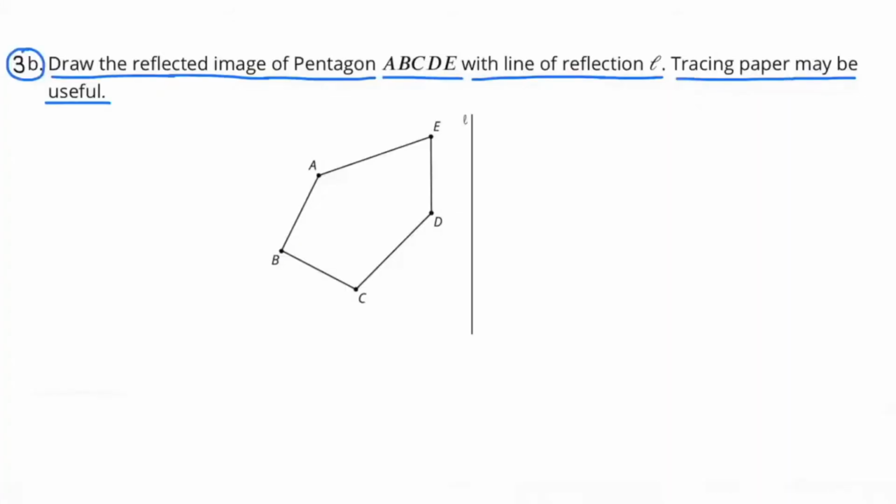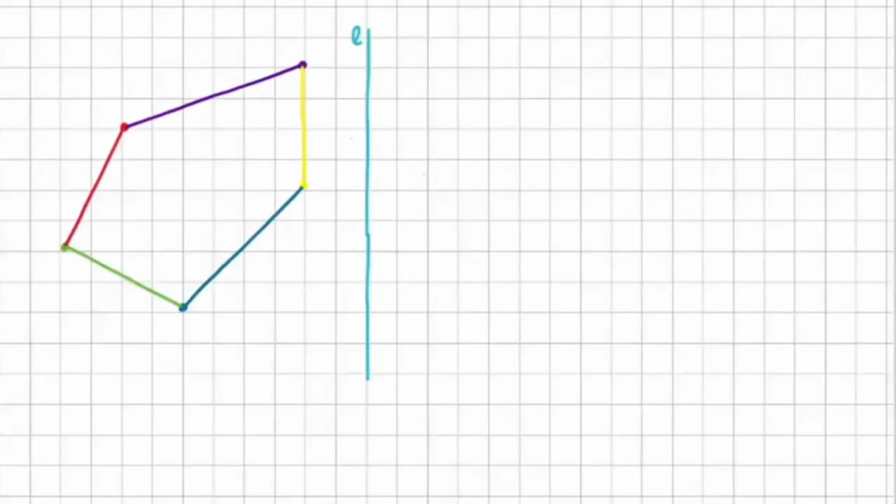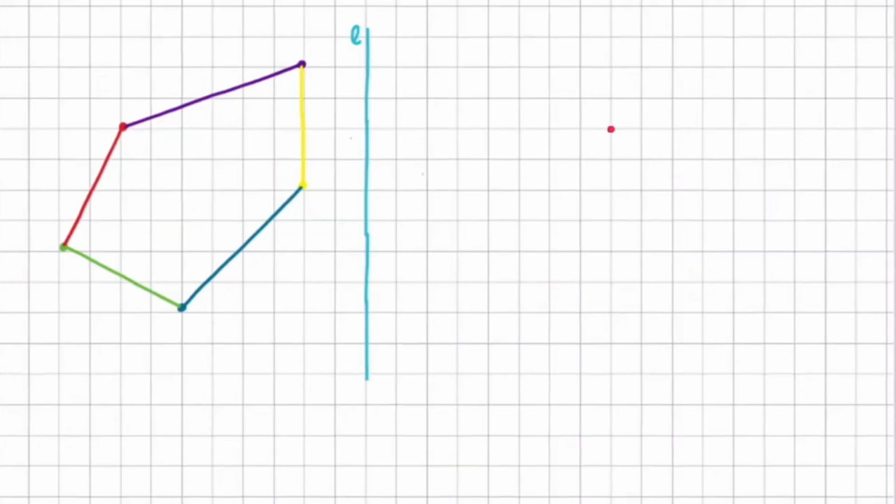3b. Draw the reflected image of the pentagon ABCDE with line of reflection L. Tracing paper may be useful. Since point A is 8 units from the line to the left on the original figure, I'm going to put point A 8 units to the right of the line for the reflection.